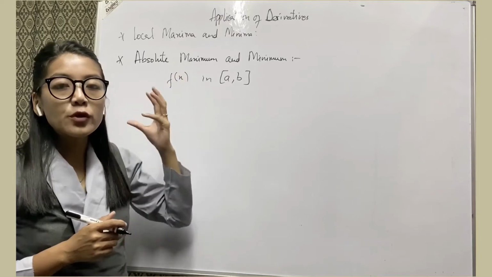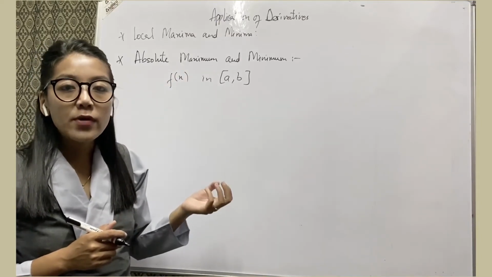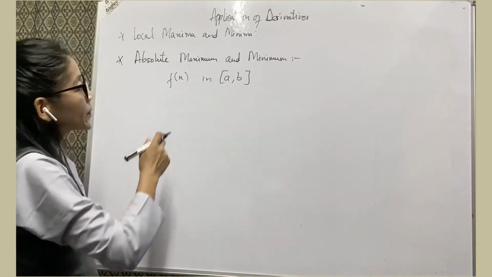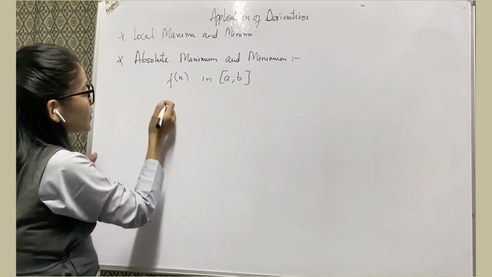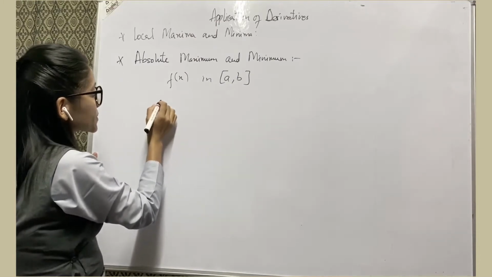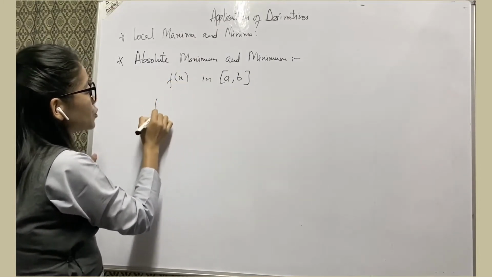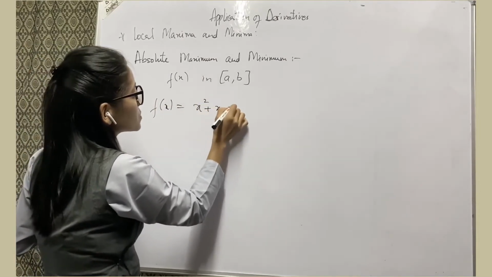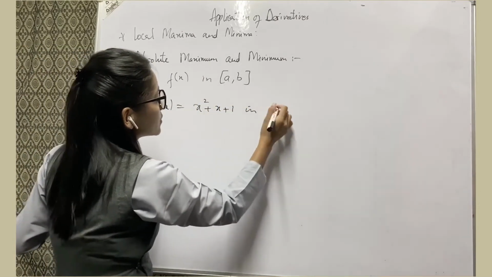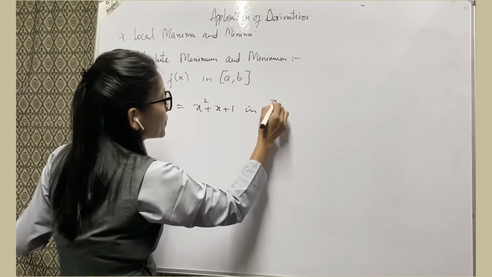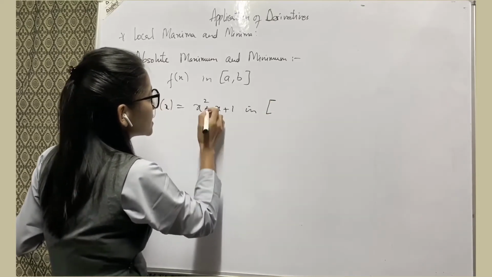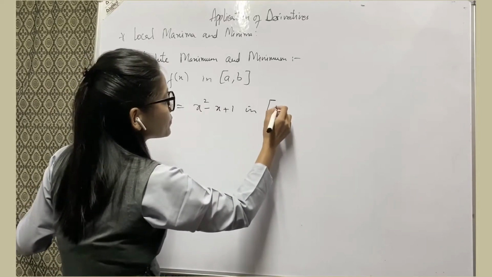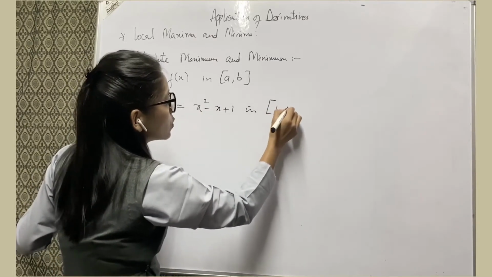So in this case you will always get the maximum and minimum value of the function, since the given interval is closed. Let us take one example. Find the absolute maximum and absolute minimum of the function f(x) = x^2 + x + 1 in the interval [-1, 5].